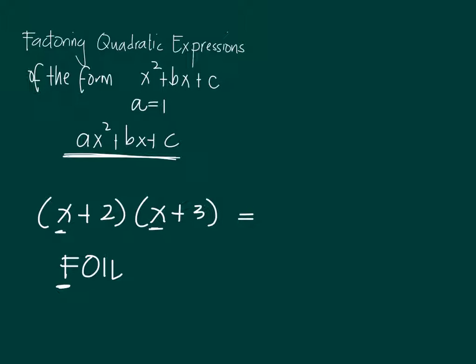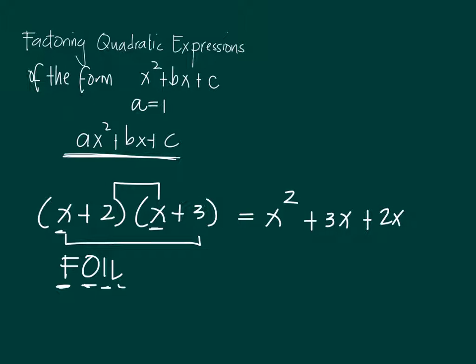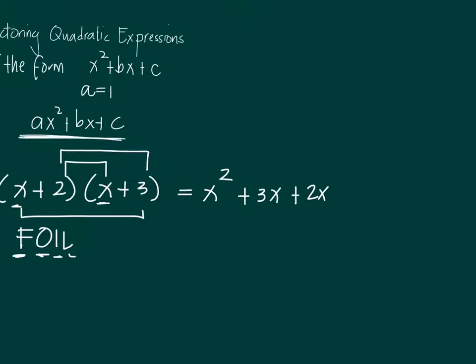That means you get x squared. You multiply the outer, x and 3, that's positive 3x, we write plus 3x. I means inner, 2 times x, positive 2x or plus 2x. And L means the last, the 2 and 3, which is equal to 6, so we have plus 6.